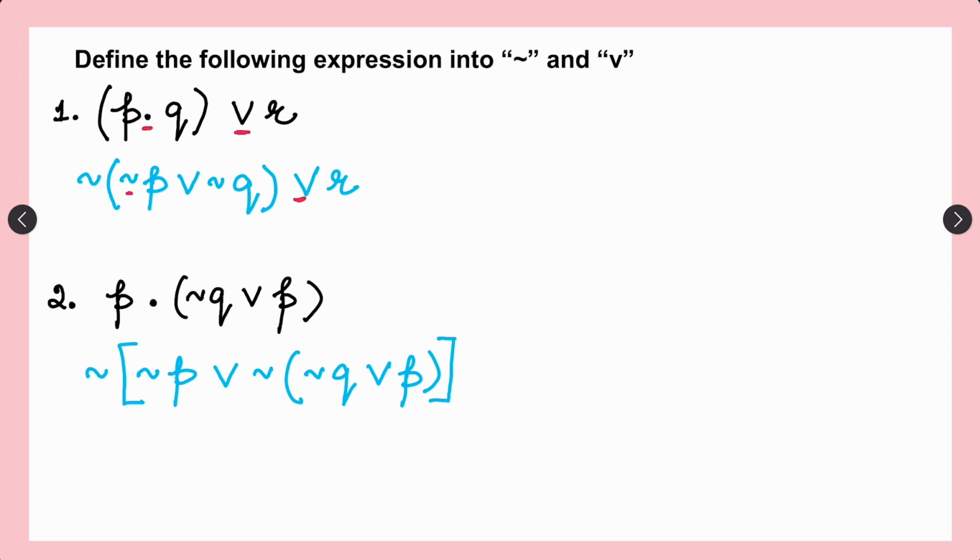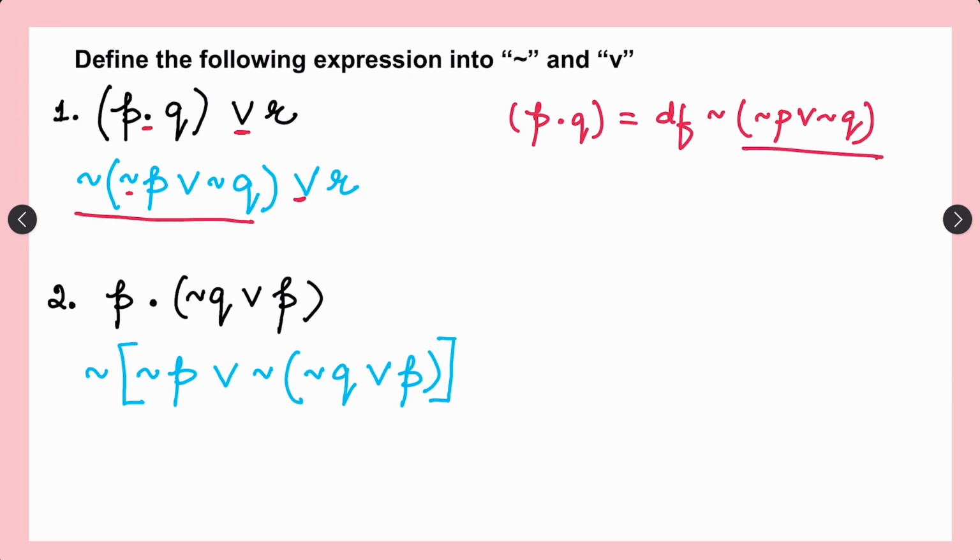Only one needs to be changed, which is in dot. So again you know the formula by now, that p dot q can be defined as negation p wedge negation q. So simply replace p dot q with this one and the formula is over here.